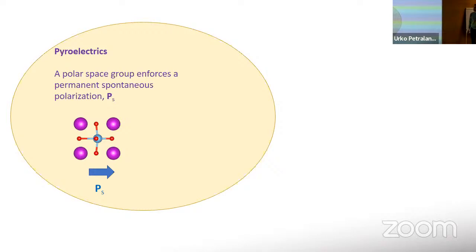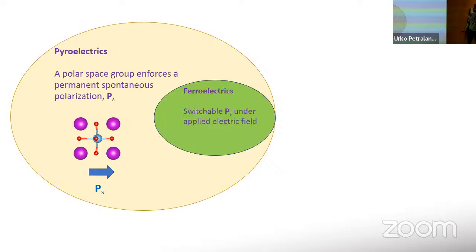Then we can detect changes of temperature through changes of the intrinsic dipole moment of the material. That is why the name pyro comes, probably. And out of all these polar materials, there is a subclass called ferroelectrics, which is defined by having a spontaneous polarization which is switchable under an applied electric field.